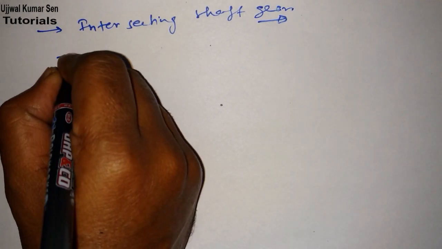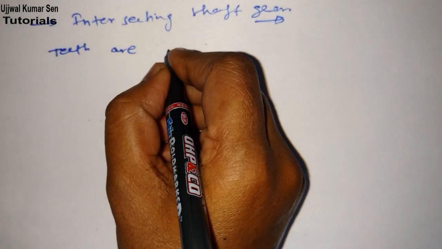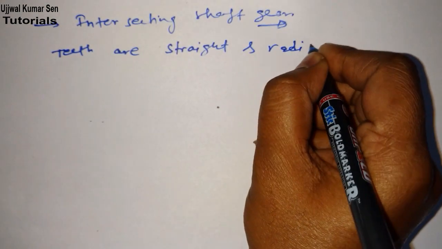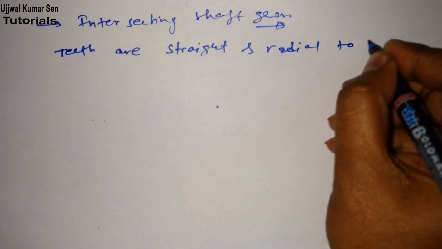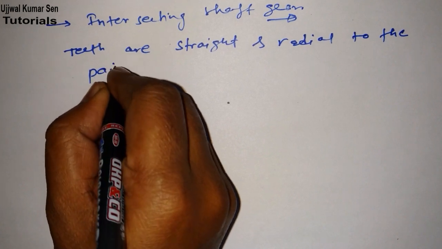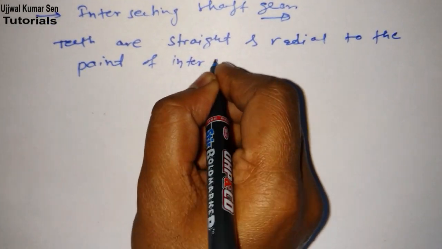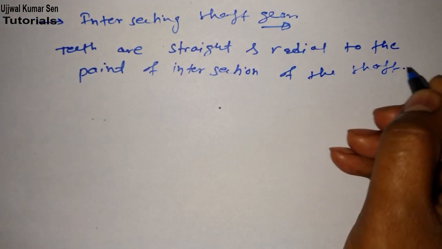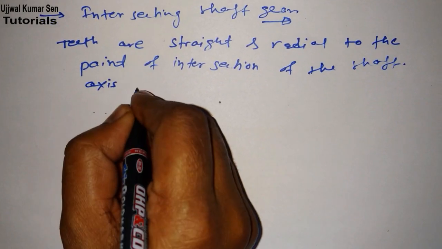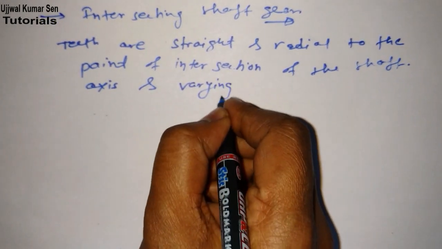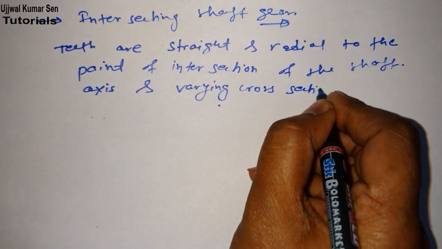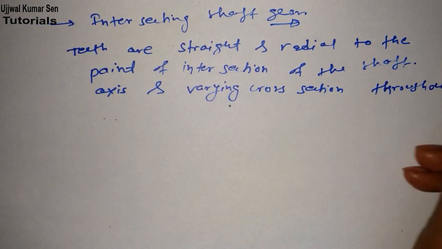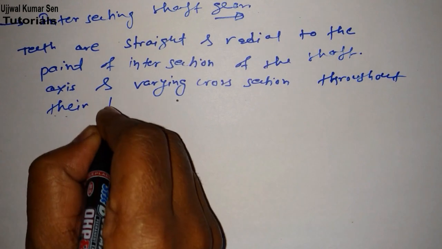In this gear, teeth are straight and radial to the point of intersection of the shaft axis and have varying cross section throughout their teeth.